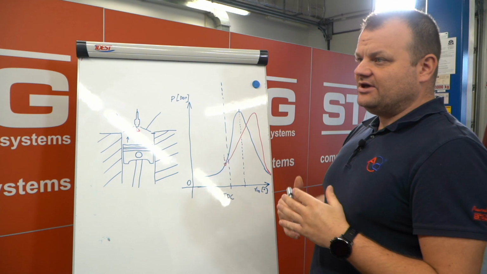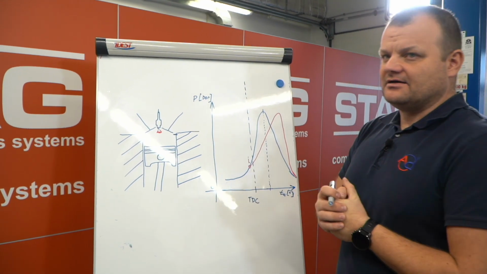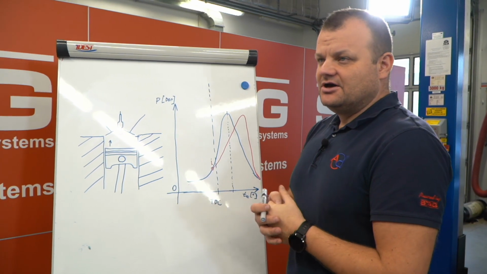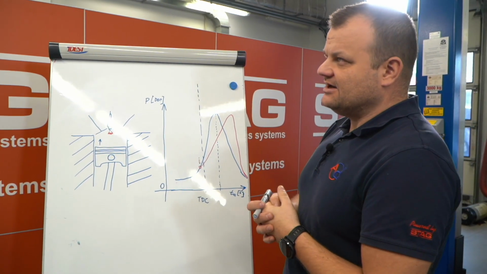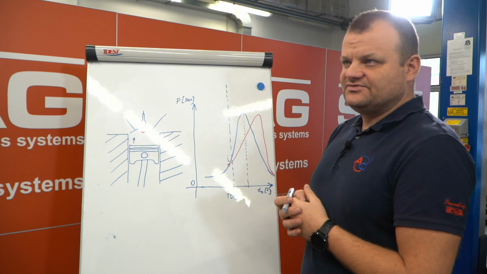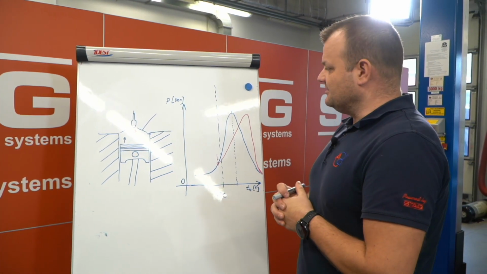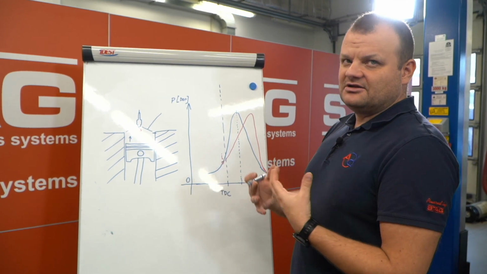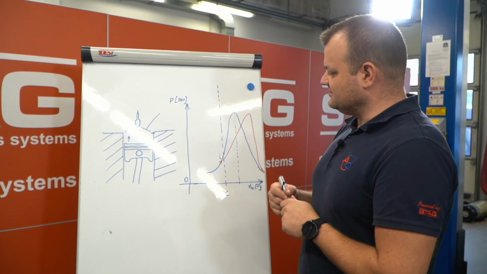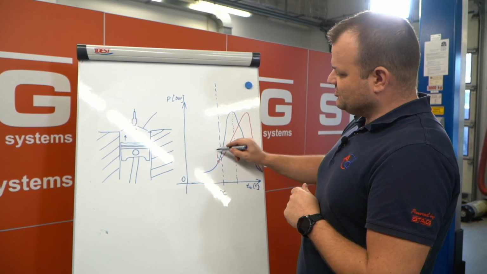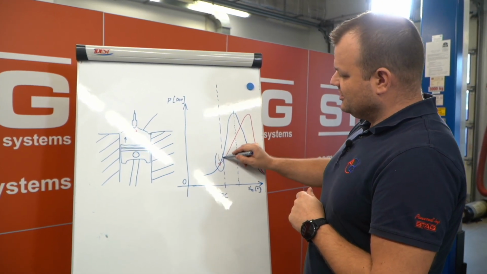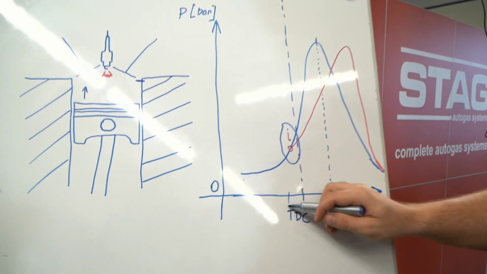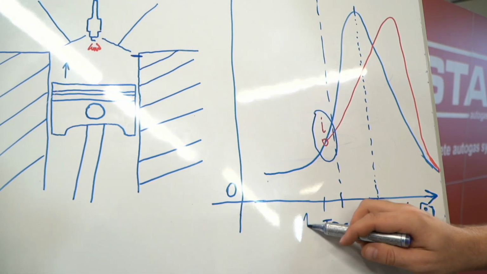In case we change the fuel from petrol to CNG or from petrol to LPG, there are chemical differences between these fuels, and that is the main reason we need to change something in the ignition. If the engine is prepared to work with petrol, the ignition angle, for example, in these conditions is 10 degrees.